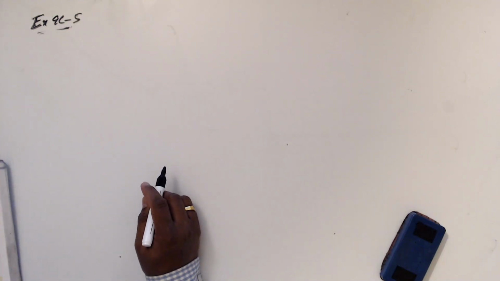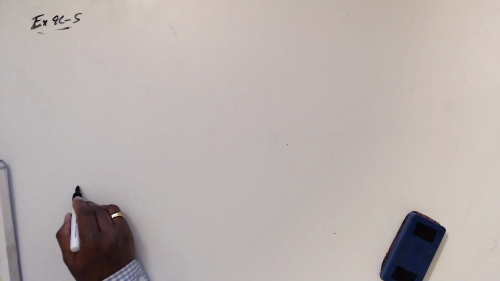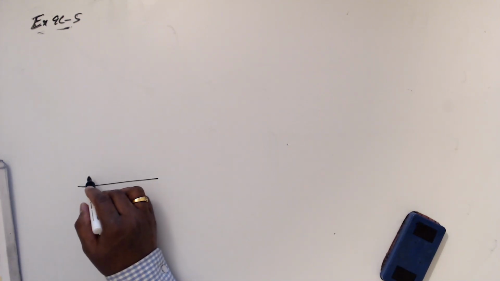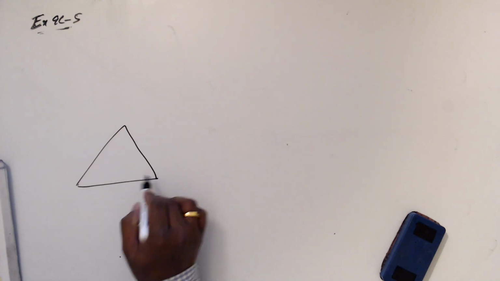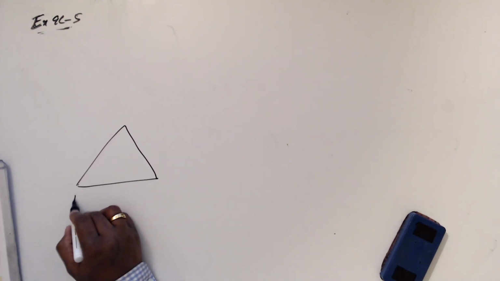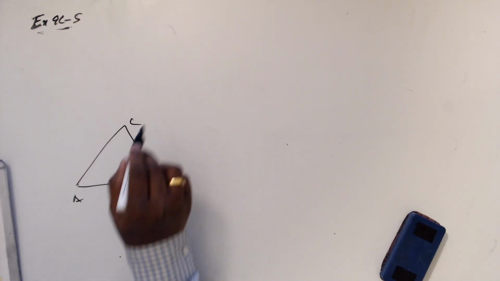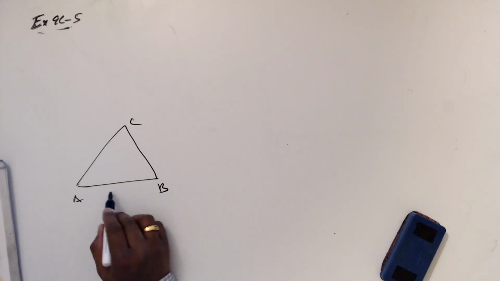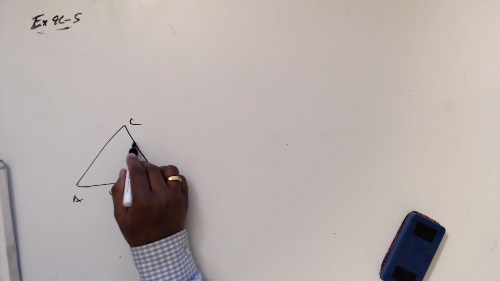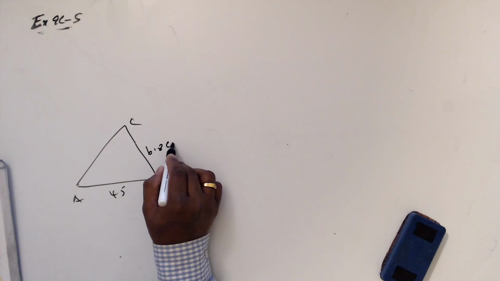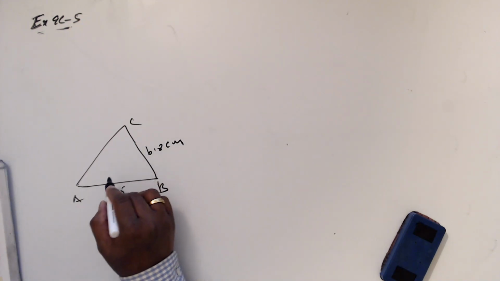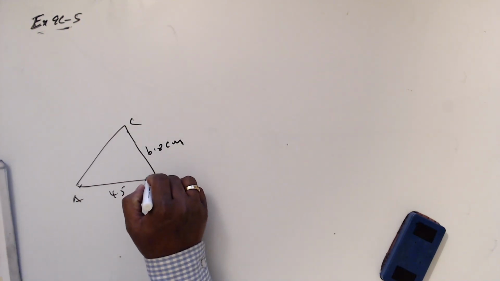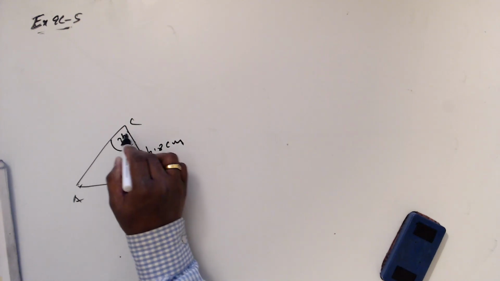Question number 5. First of all, what is going on basically. AB is 4.5, BC is 6.8 centimeter, and ACB is 36.